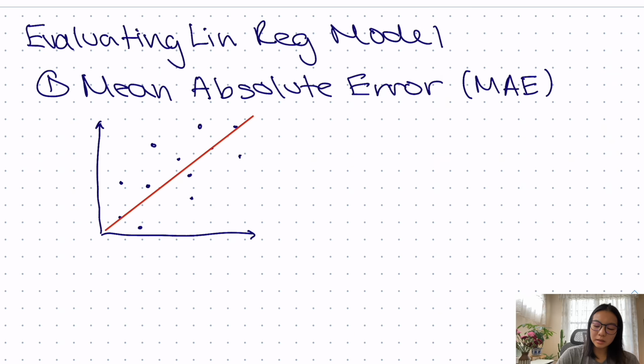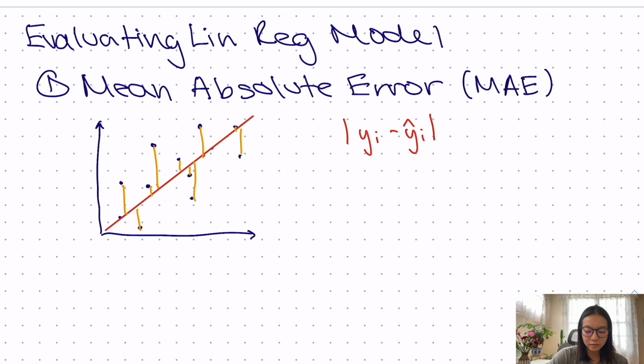So my mean absolute error would be summing up all of these values, and then dividing by how many data points I have. So what would be all the residuals? It would be y_i, every single point, minus y hat i, the prediction for that point. And then we sum over all of the different i's in our data set.